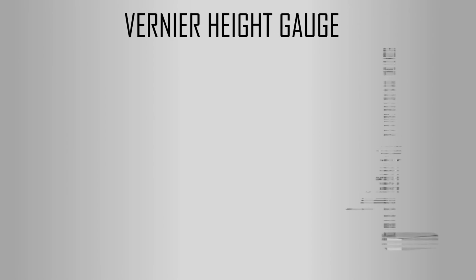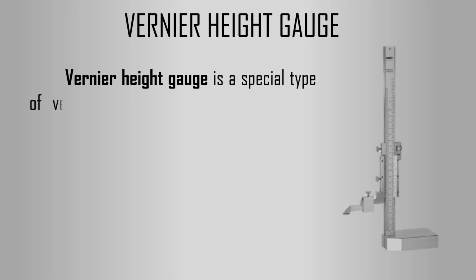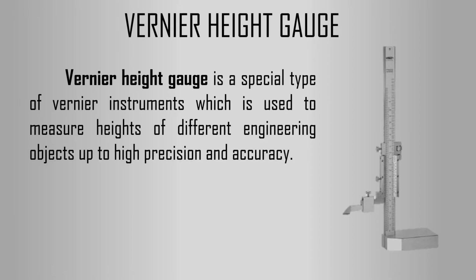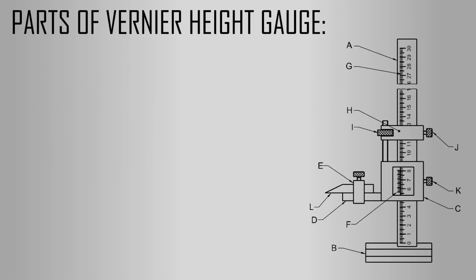Now, see the definition of vernier height gauge. Vernier height gauge is a special type of vernier instrument, which is used to measure heights of different engineering objects, up to high precision and accuracy. Let's see the parts of vernier height gauge.